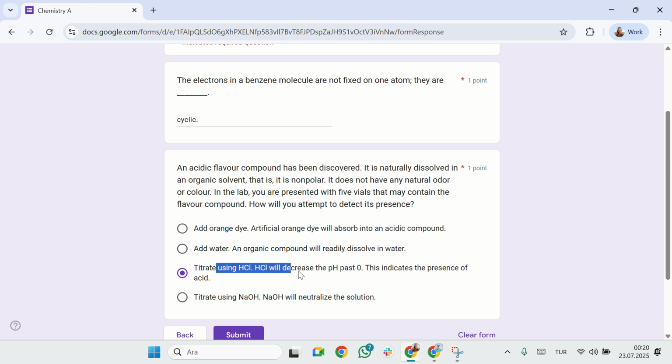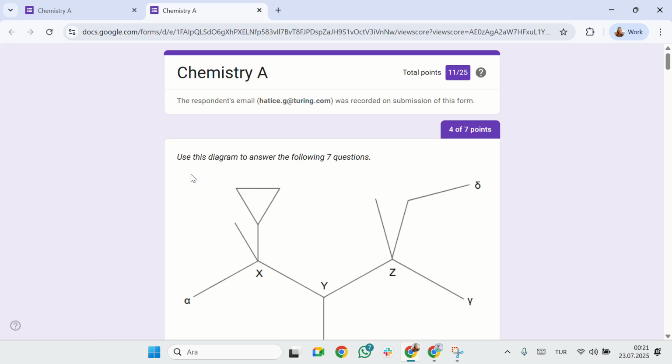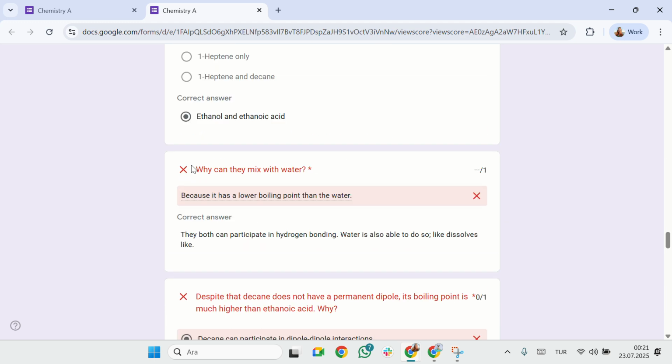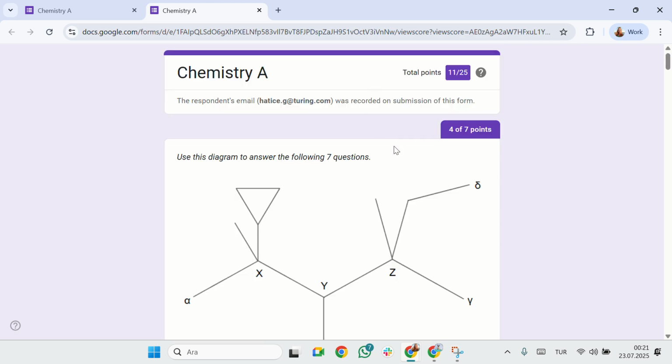Add HCl, which will decrease the pH. It's an acidic thing. I think I would titrate this with a base. Okay, great. I have a lot of wrong answers.